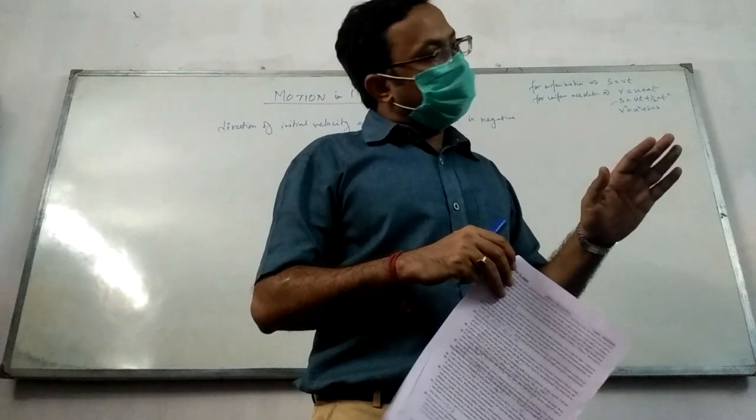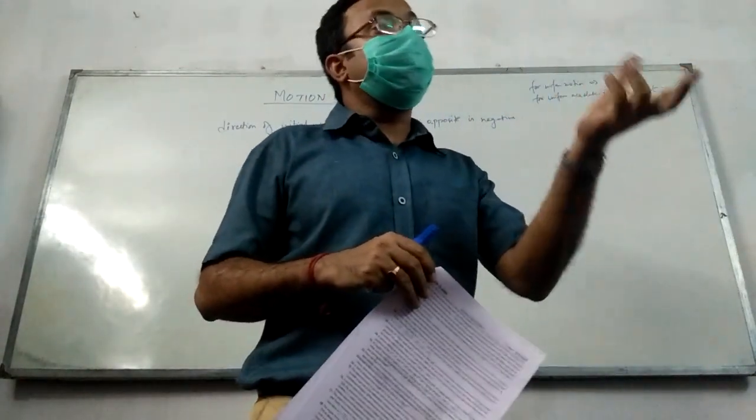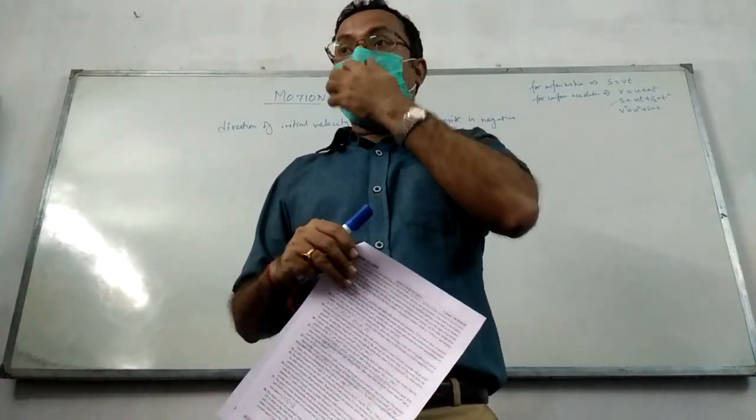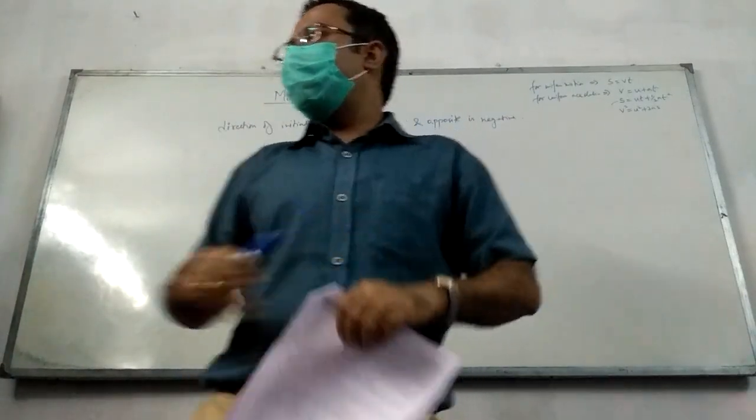Change in motion, change in orientation of the body: one part will move more, another part will move less. Like when you are closing or opening the door, you cannot take it as a point object. Why?